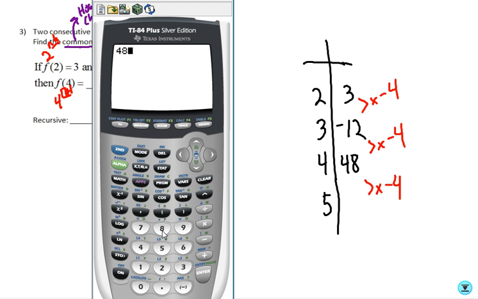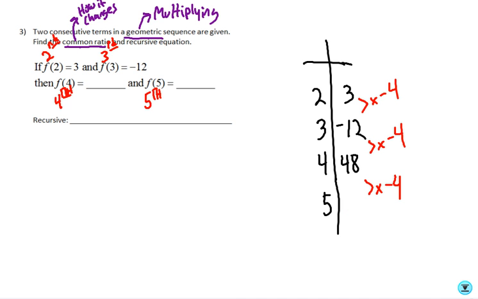We'll throw that in a calculator. 48 times -4, and I get -192. And so that's all they want to know. So the fourth number in the sequence was 48, and the fifth number in the sequence was -192.